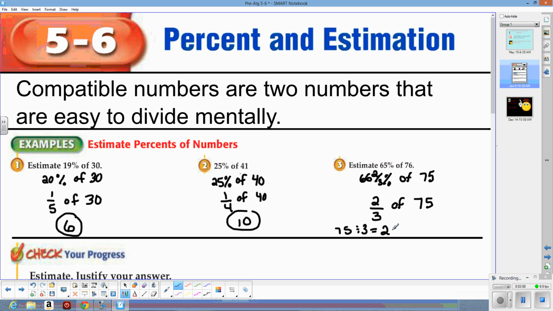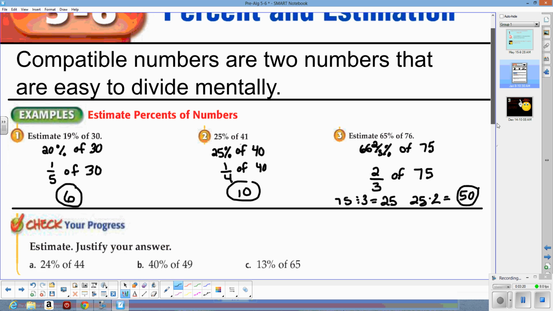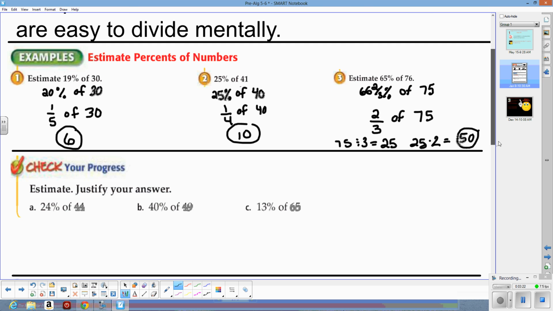Now, since I want 2/3, I would take 25 then and multiply it by 2. So 2/3 of 75 is 50. Again, we found that by figuring out 1/3, which is dividing by 3, and then taking that answer times 2 since we wanted 2/3. You may want to pause the video and try the next ones on your own.